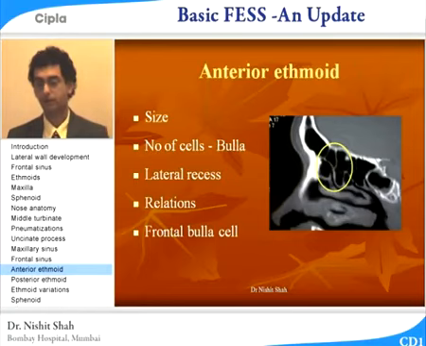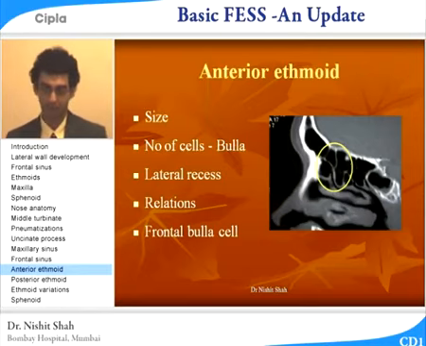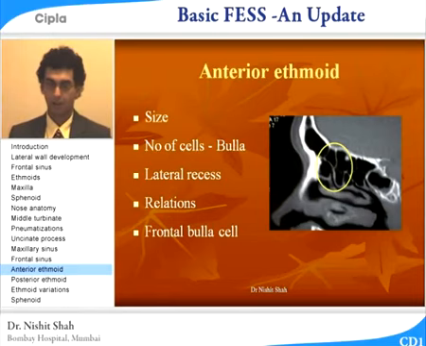The part which is above the bulla will form the suprabullar recess, and the part that is behind the bulla, between the bulla and the ground lamella, will form the retrobullar recess. It is related, of course, strongly to the orbit and the optic nerve, amongst other things.